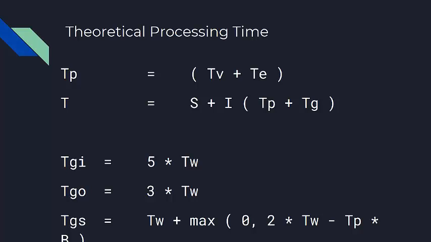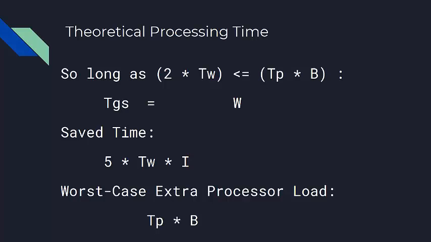And then for our speculative one, it's 1 wait time plus the maximum of either 0 or 2 wait times minus 2 processing time times B. And so what this basically means is that so long as the value of processing time times buffer is greater than or equal to 2 wait times, we have an effective gap time for each iteration of 1 wait, which means that we save, that's actually inaccurate. That should be 4 times TW times I. Anyway, this is 4.